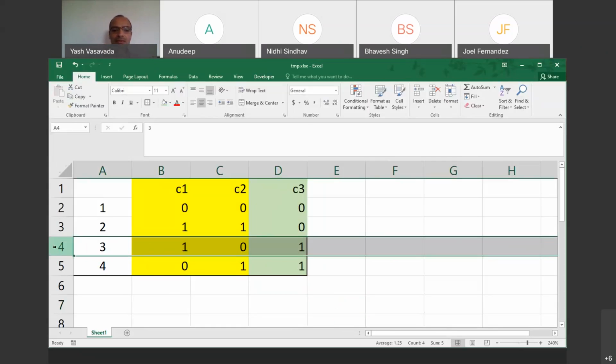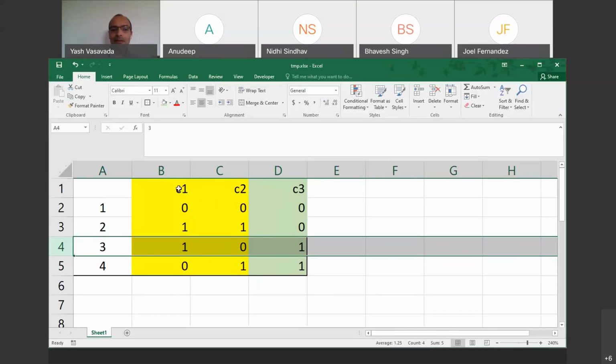Here, let me ask you this. What is the probability of event 3? We'll assume that C1 and C2 are independent of each other. 1/4. Sorry? So P1 into 1 minus P2. Correct. P1 into 1 minus P2.